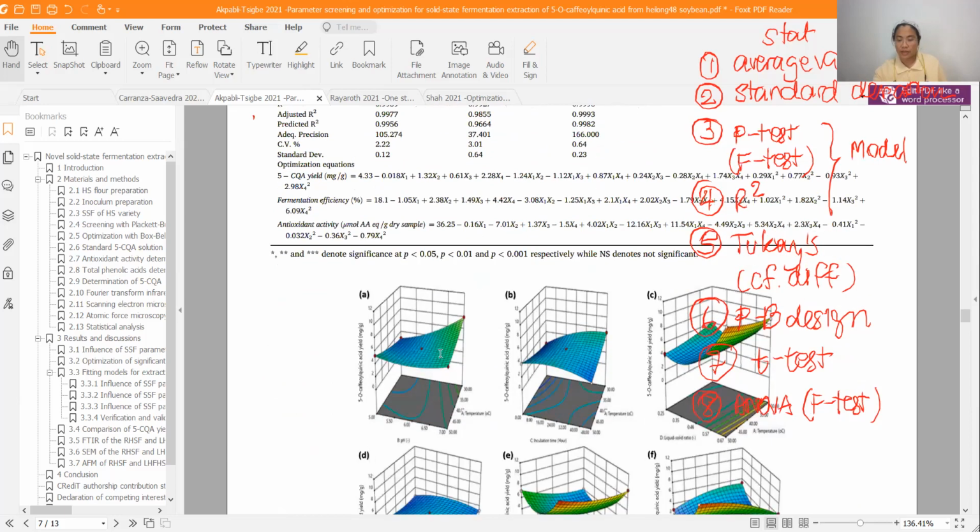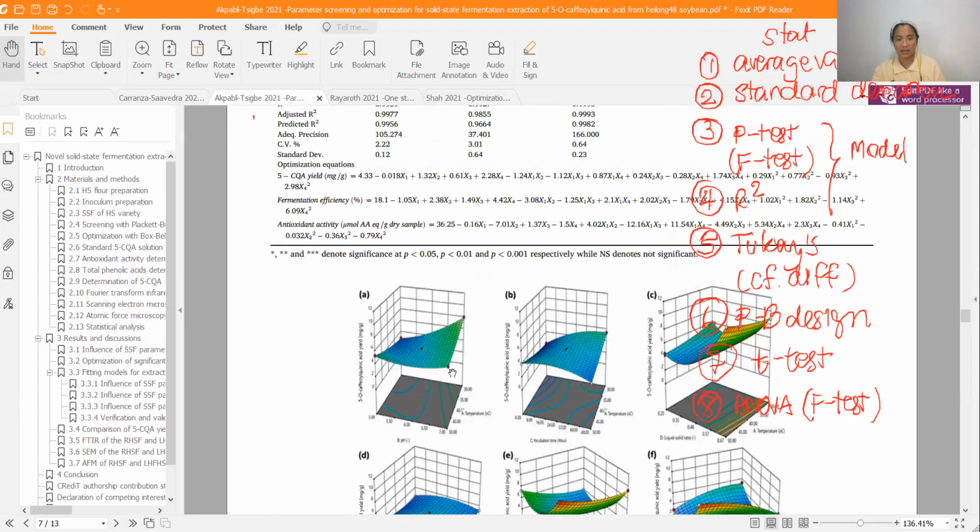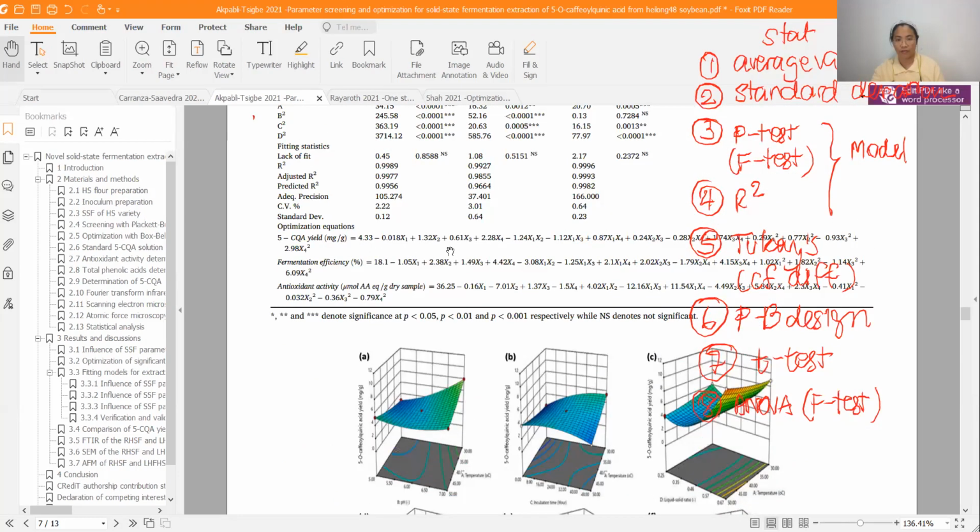All right, what else is in this paper? See all the curves that you see here? You might be familiar with these curves. You probably see them so many times from so many people. In order to generate each of the graphs here, you need to have an equation. You just don't do it from nothing, it's just the plotting of this.